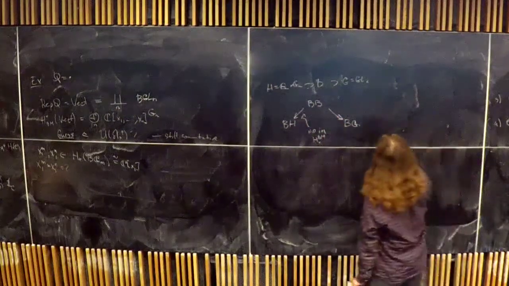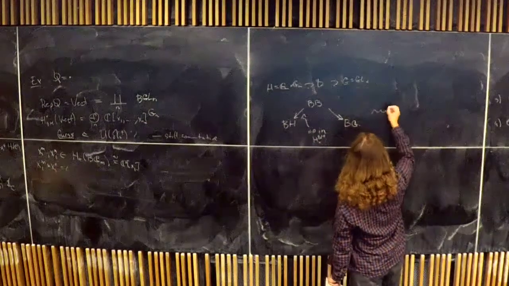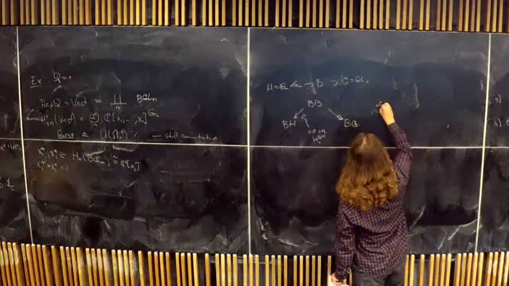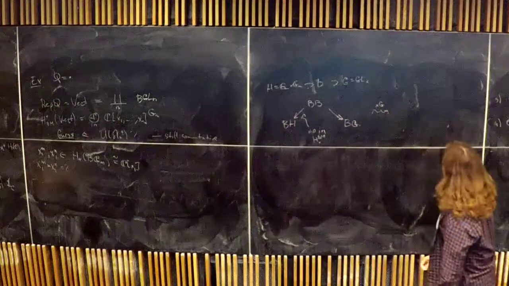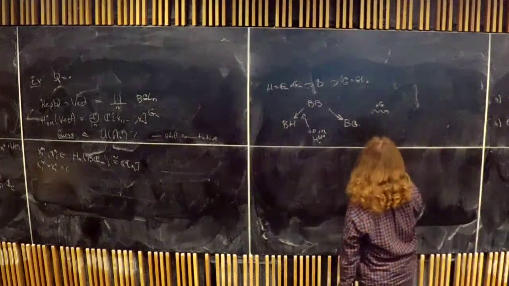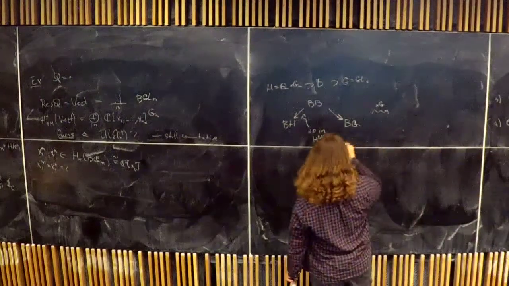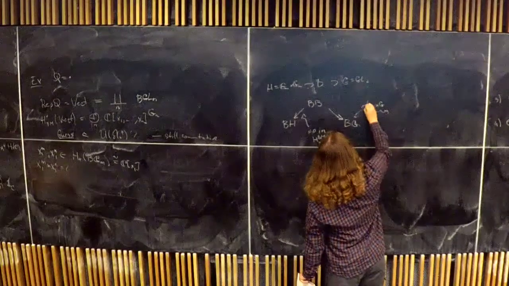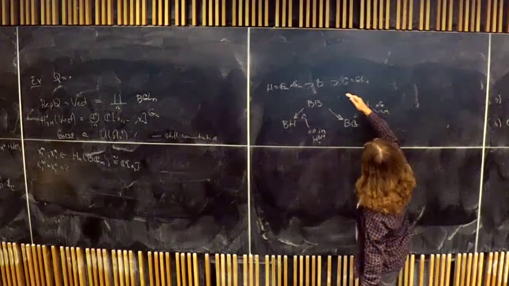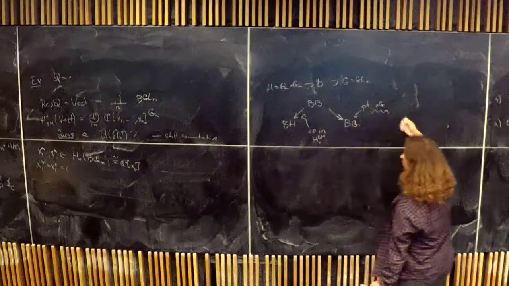And what we can do, we can take fiber product with G, I mean, we can base change with respect to this map, compute everything here, and then take it to equivariant cohomology.